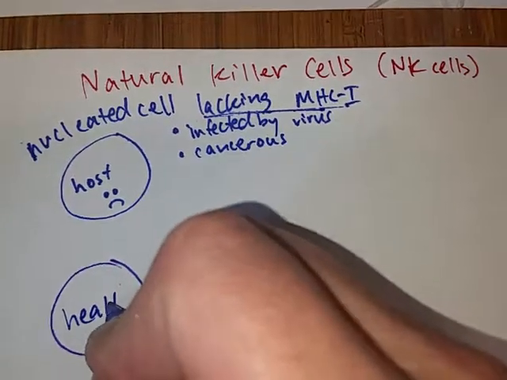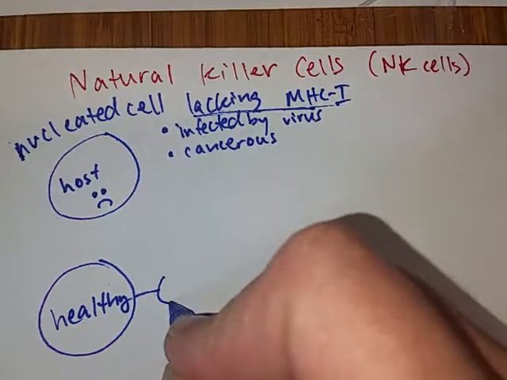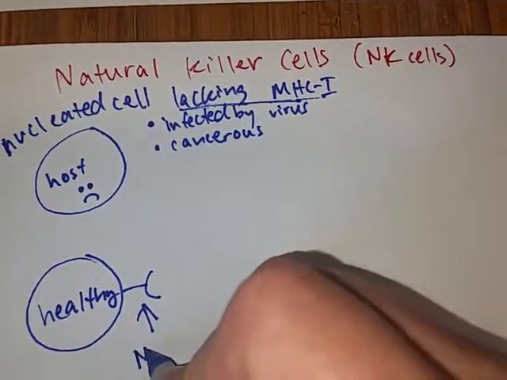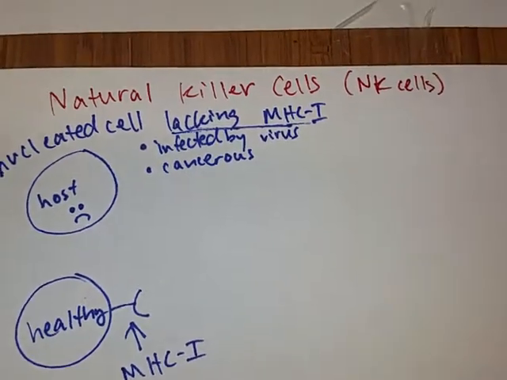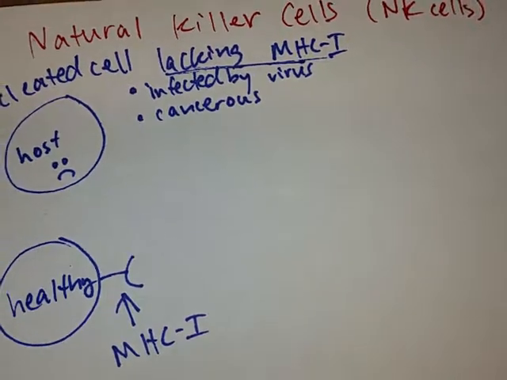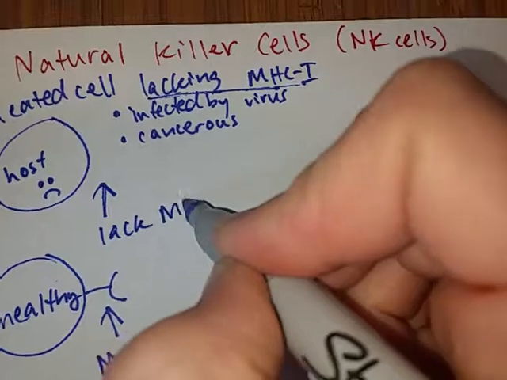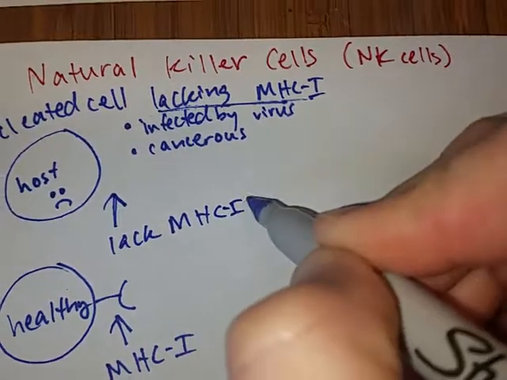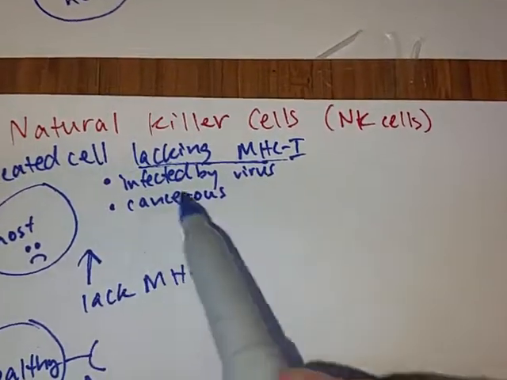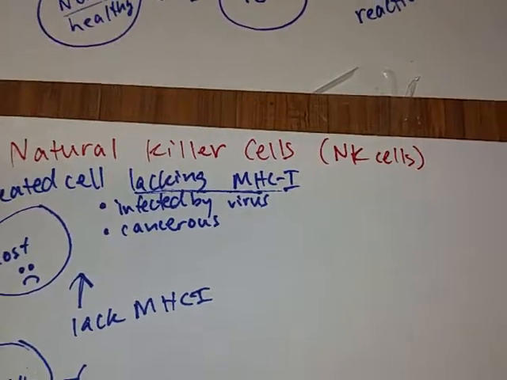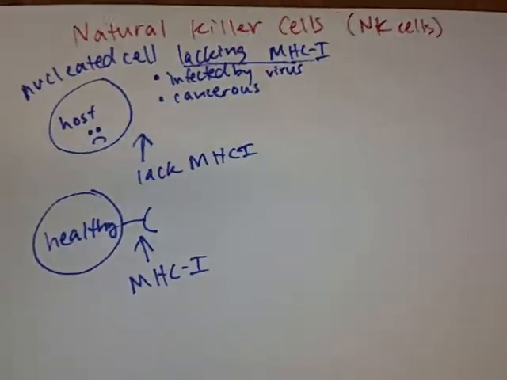But if it was a healthy nucleated cell, remember, this would have the MHC1 present. So host cells that are infected by a virus or that are cancerous lack MHC1.